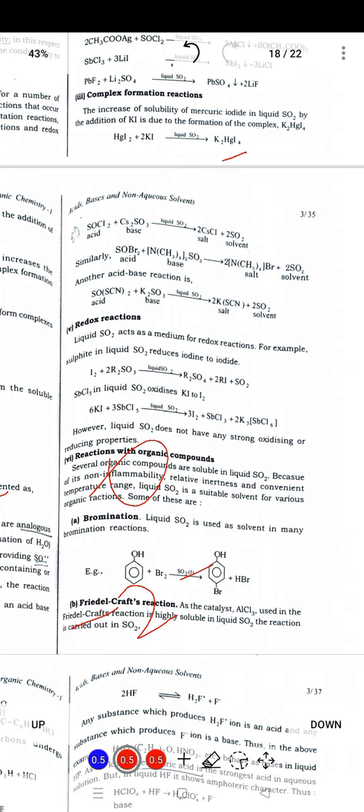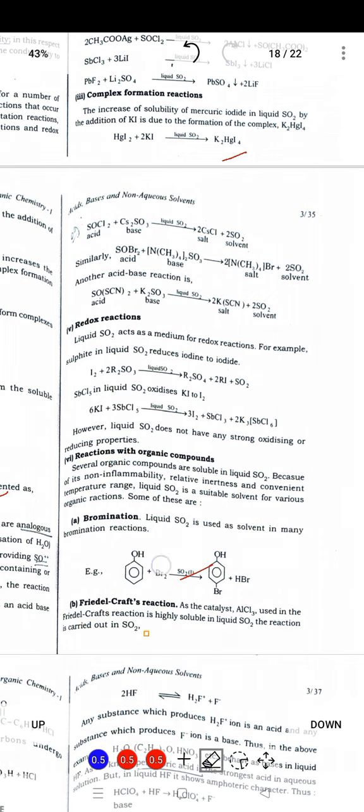So non-inflammability, relative inertness and convenient temperature range. These are three reasons why you choose liquid sulfur dioxide as a solvent for several organic compounds. First of all, it's soluble, then non-inflammability, relative inertness and convenient temperature range. We choose liquid sulfur dioxide as a solvent for many organic reactions.